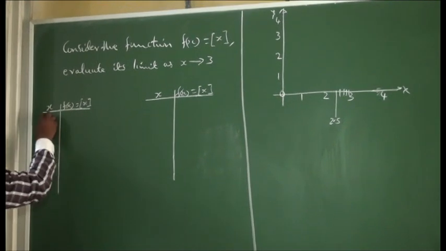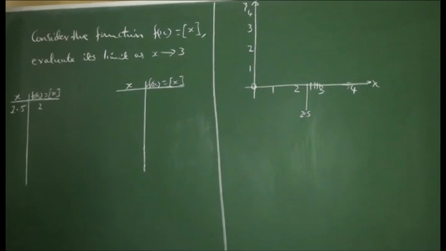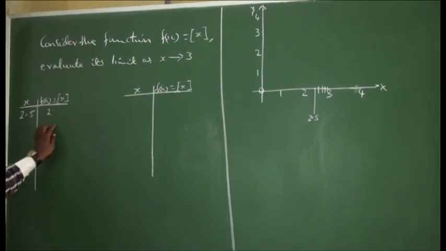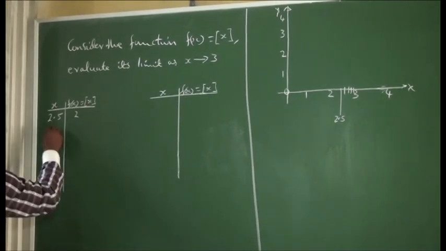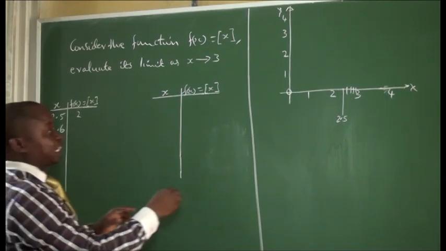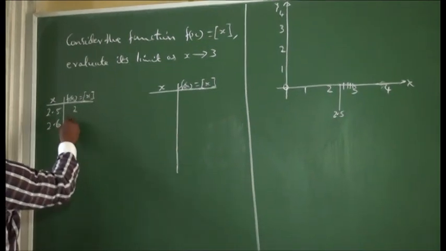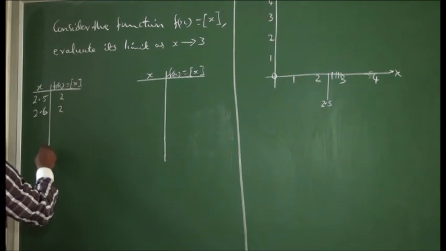So here, when x is 2.5, f of x is 2. How? Because if you put 2.5 here, we take the whole part, which is 2. When x is 2.6, that is, x has moved from 2.5 to 2.6, f of x is 2.